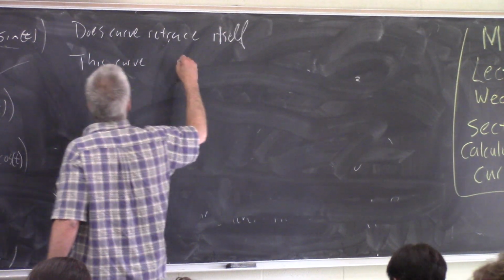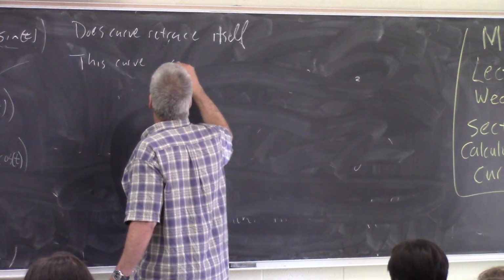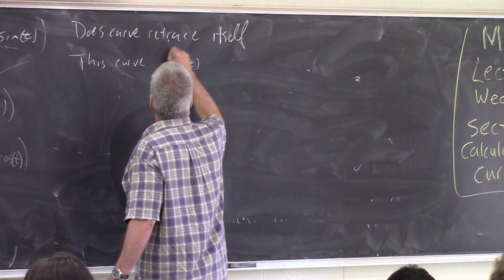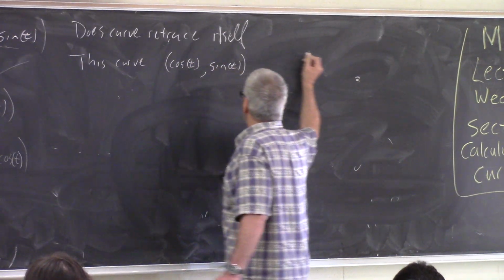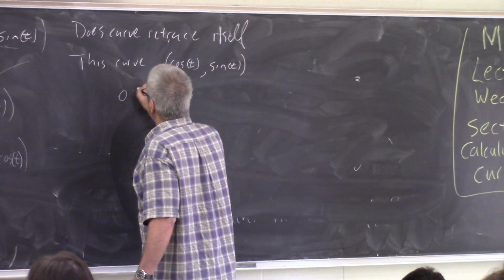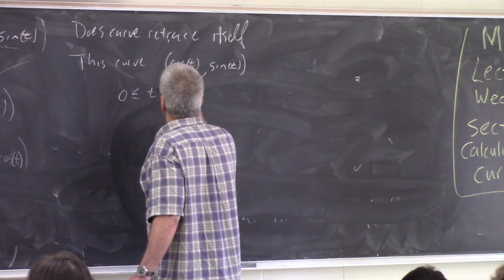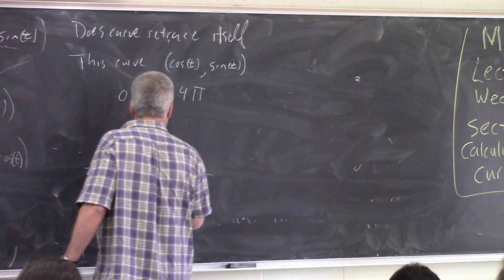So if this were the curve cos t and sine t for 0 less than or equal to t less than or equal to 4 pi, that would be this.